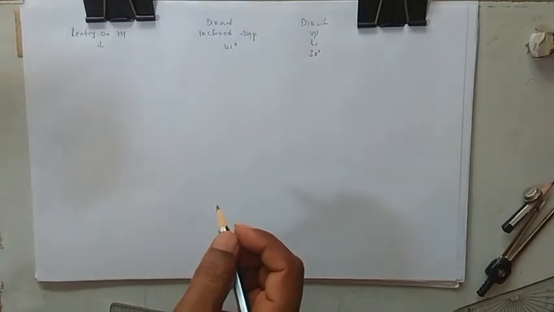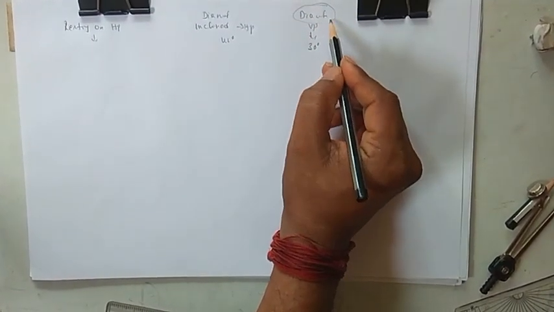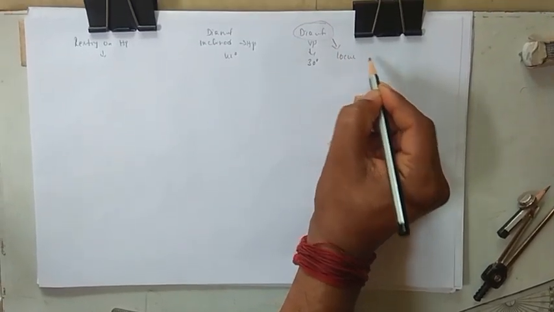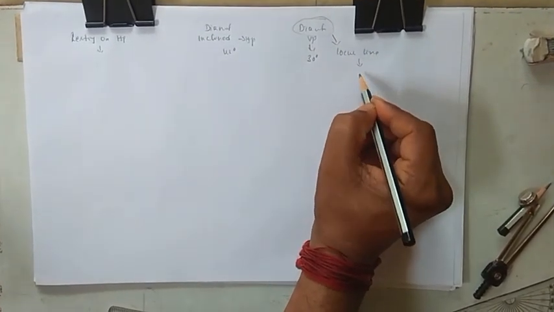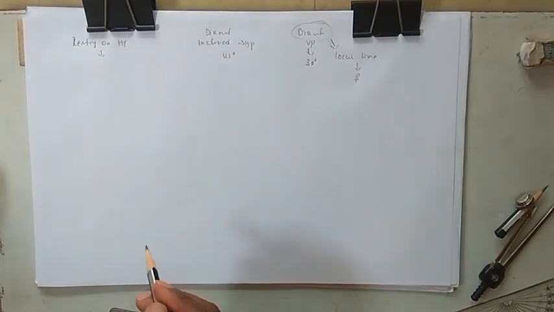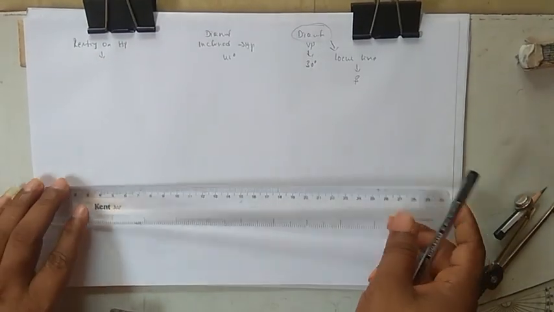As we know, whenever a diameter of a circle is inclined, it is a locus line problem, meaning you need to find a beta. We'll see how we can move with that.